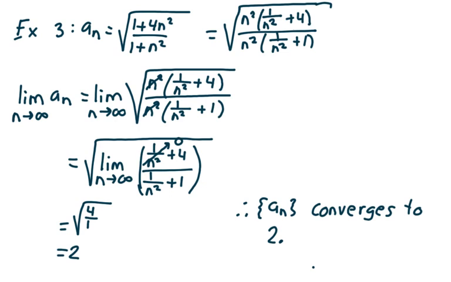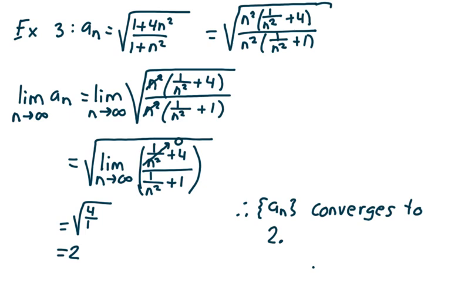And so if we look at the limit as n goes to infinity of a sub n, this is equal to the limit as n goes to infinity of the square root of n squared times 1 over n squared plus 4 divided by n squared times 1 over n squared plus 1.